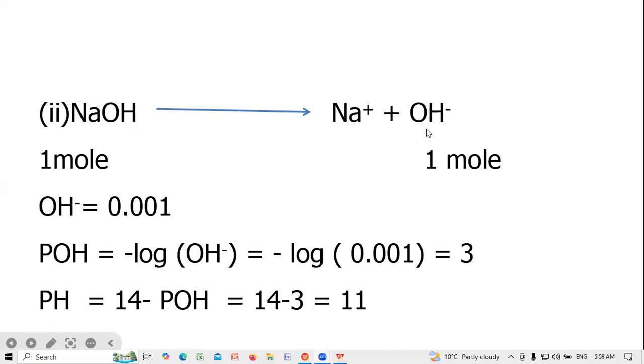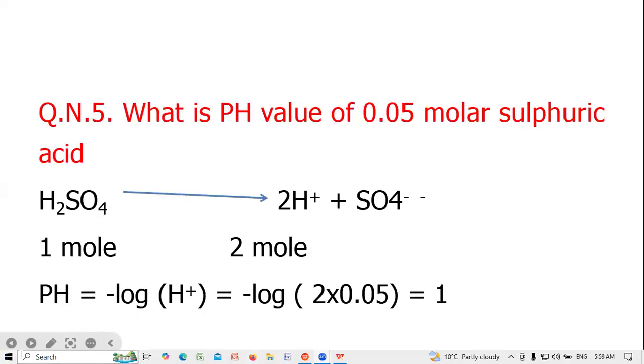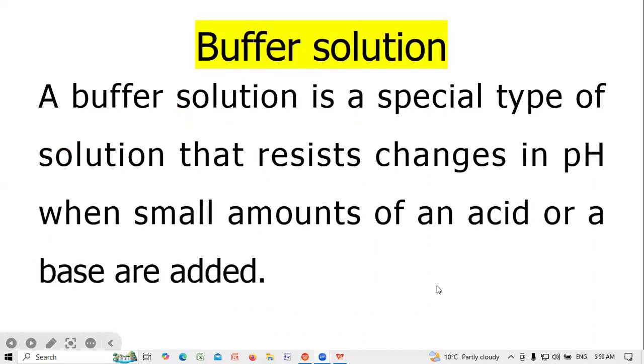Similarly, sodium hydroxide dissociates and OH equals 0.001. pOH equals minus log hydroxide ion, that's why minus log 0.001, that is 3, and pH equals 14 minus pOH, that's why pH equals 11. What is the pH value of 0.05 molar sulfuric acid? Sulfuric acid dissociates, 1 mole giving 2 moles of H plus, that's why pH equals minus log H plus, minus log of 2 into 0.05, that is 1.